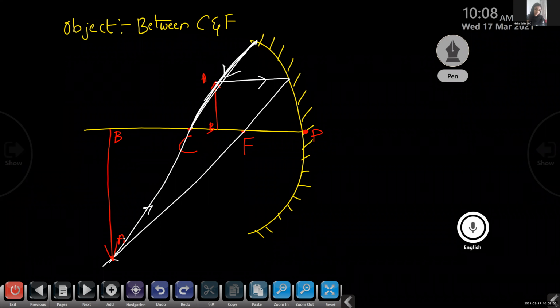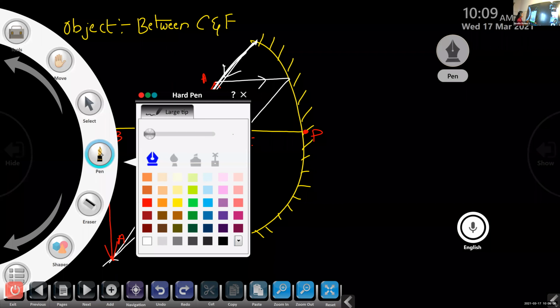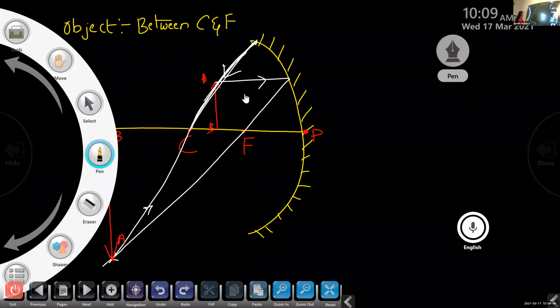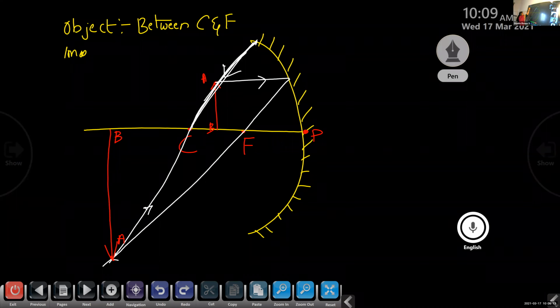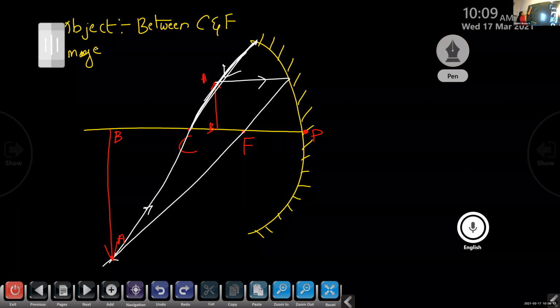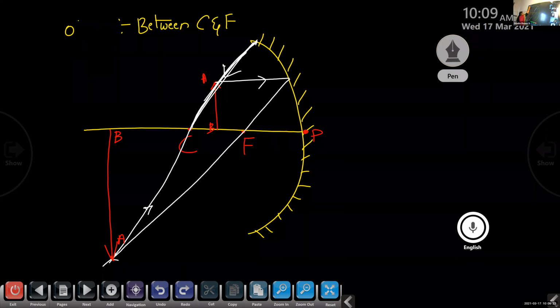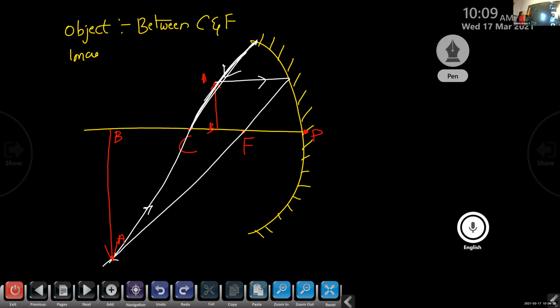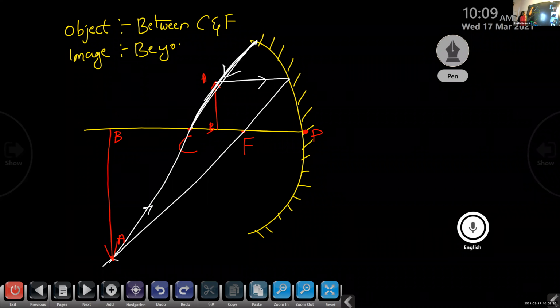So in this case, if we are placing the object between C and F, we get the image beyond C. The image formed is beyond C. Very good.